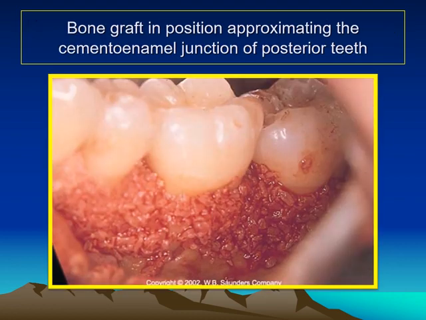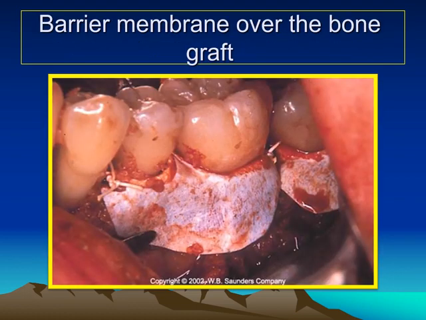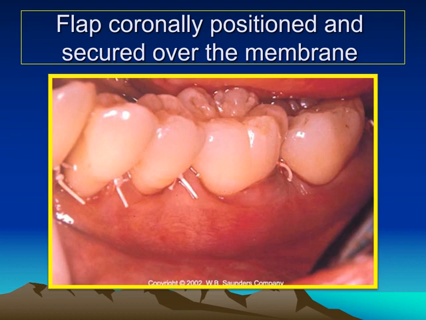Decalcified freeze-dried bone allograft is packed in position approximating the cementoenamel junction of the posterior teeth. Then the Gore-Tex membrane is customized and secured over the teeth with Gore-Tex suture. The flap was coronally positioned and secured over the membrane.